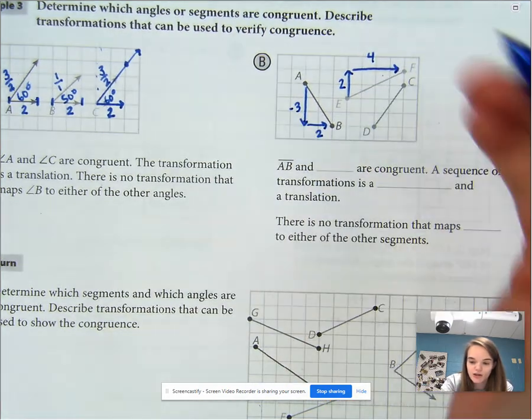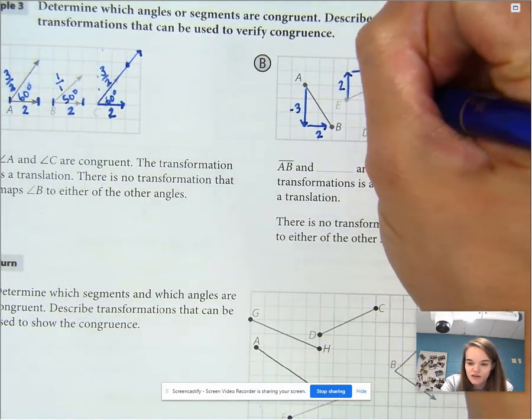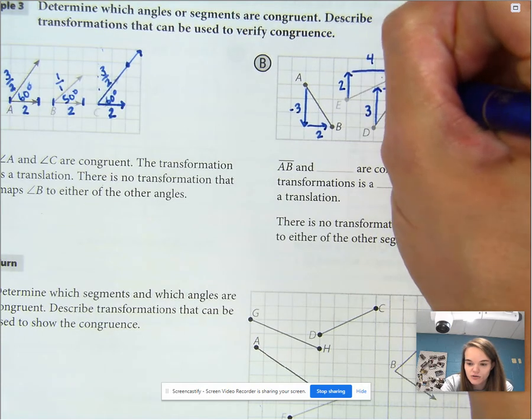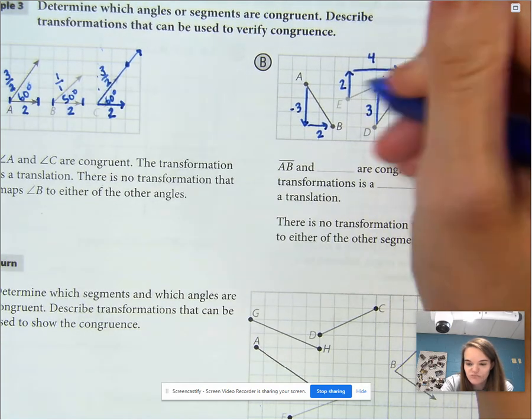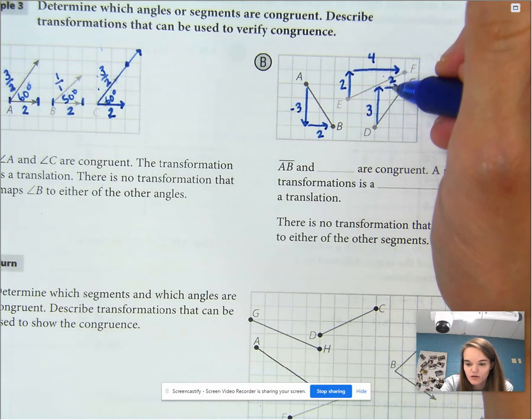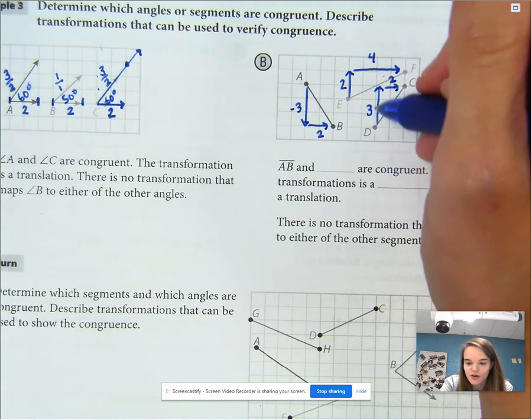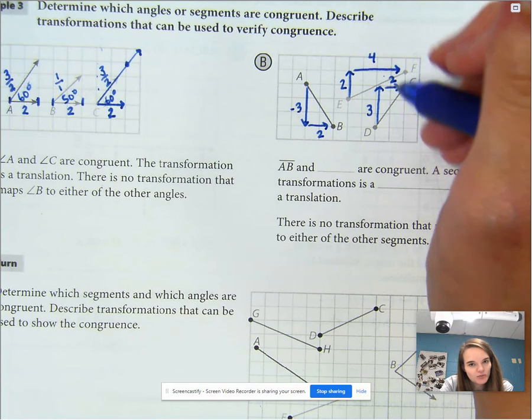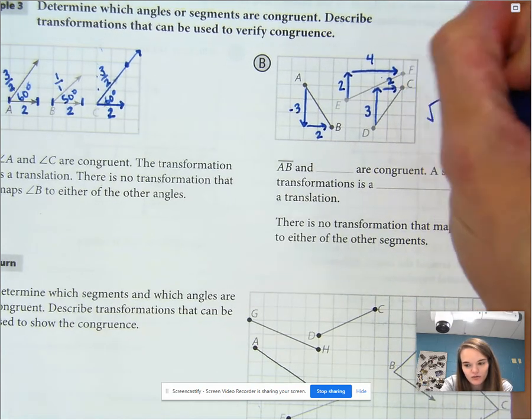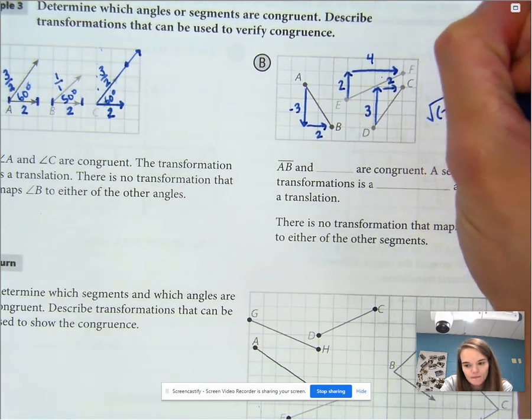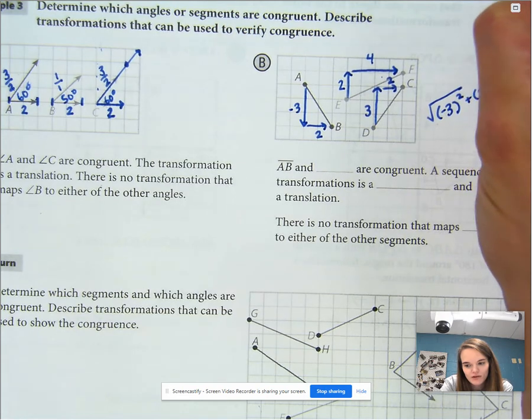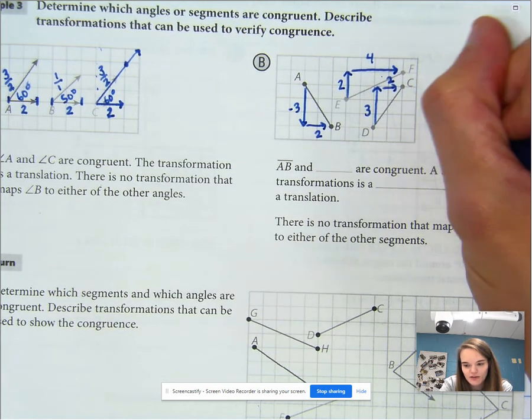Doesn't matter if it's positive or negative. D to C, up 3, over 2. Okay, these are the same, because when I plug it into this, because I'm squaring it, it would be the same.